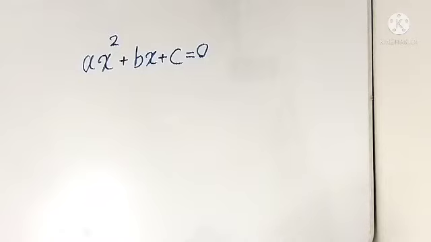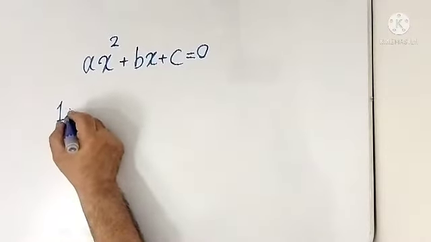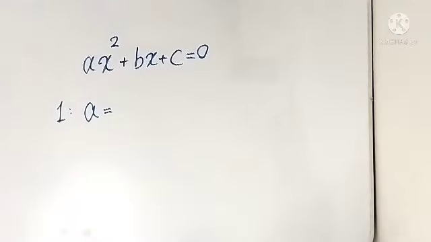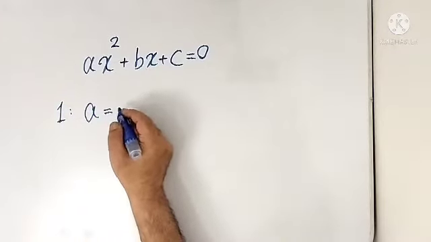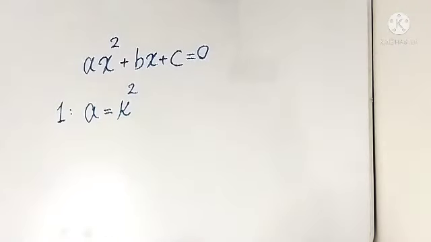To solve the equation with the factoring method, we consider two modes. One, A is a full square, that means A equals k to the power of 2.